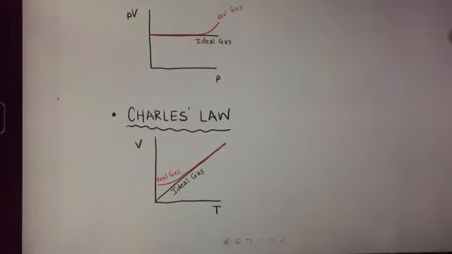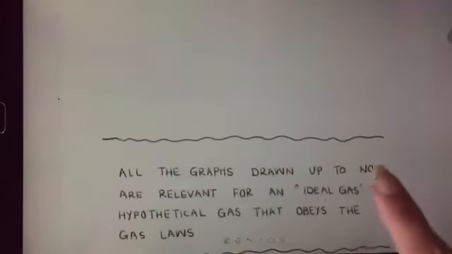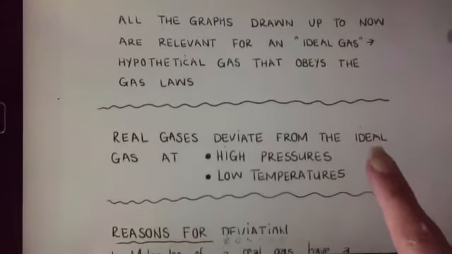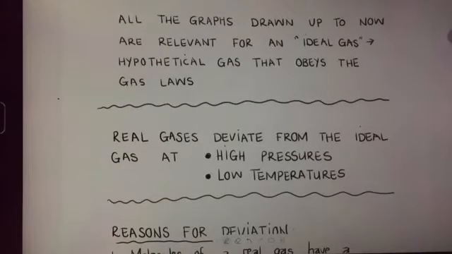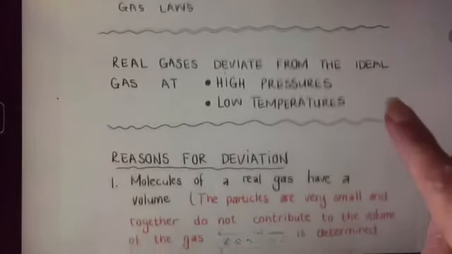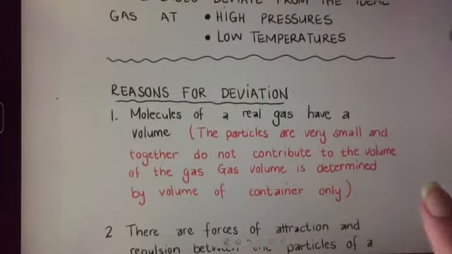And the reason why is what we need to look at as well. So we said real gases deviate from ideal gas behavior at high pressures and low temperatures. Now, what is the reason for this? That is the next thing that we need to look at. And we find that there are two reasons why real gases deviate from ideal gas behavior.